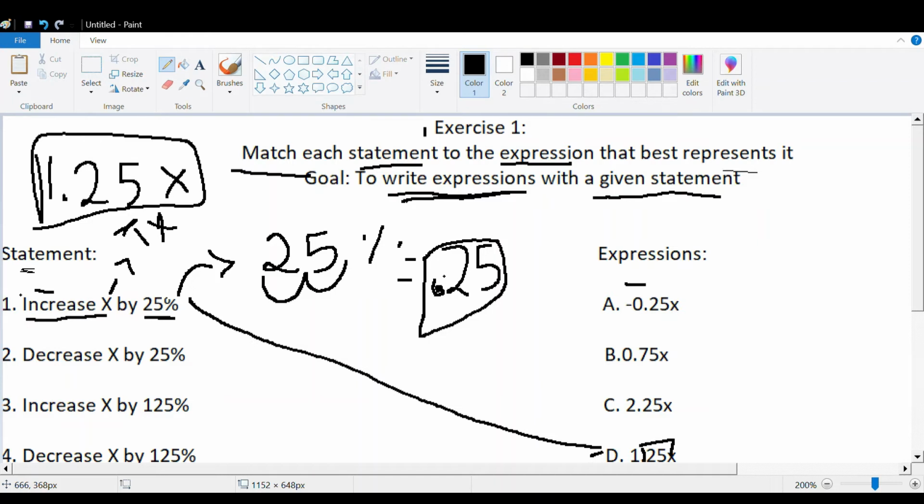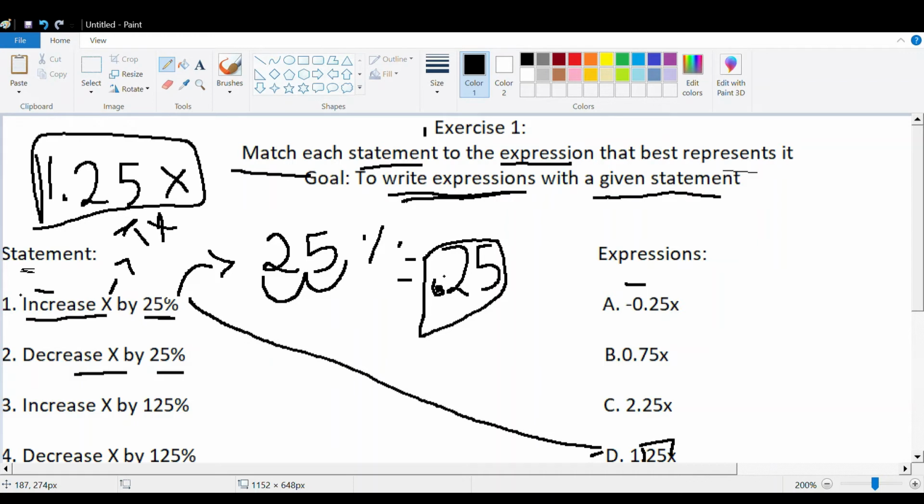Number 2 says decrease x by 25%. Now I hope you guys have an idea so far already of what this would be. If we're increasing by 25, we're adding 1 and 0.25. But if we're decreasing, remember decrease is subtraction, increase is addition.